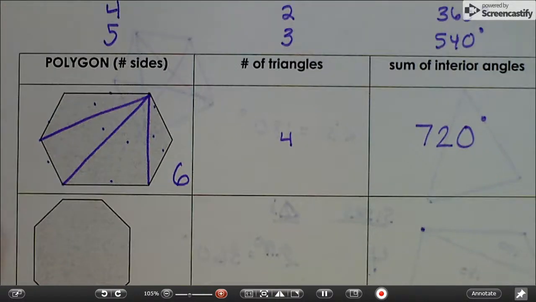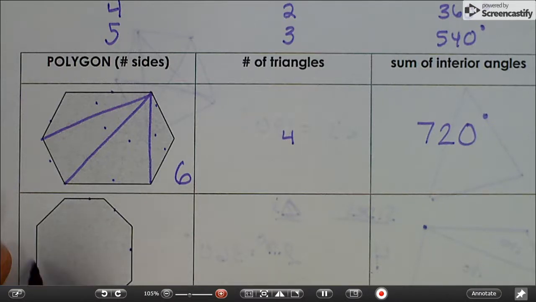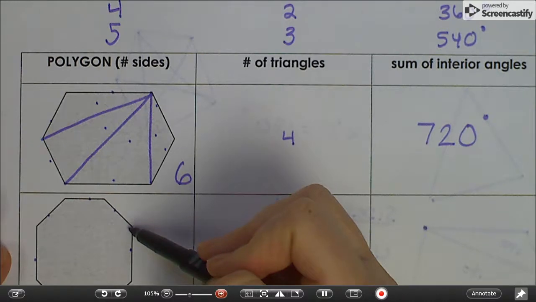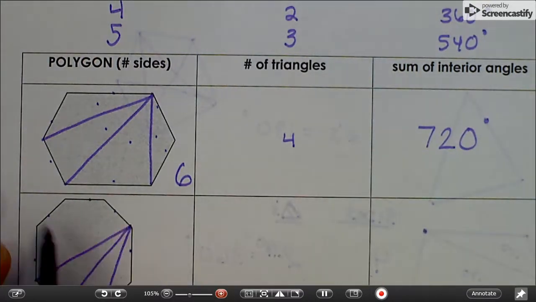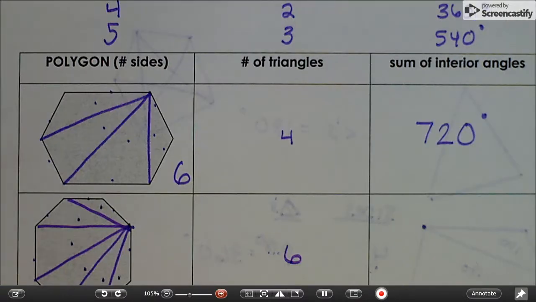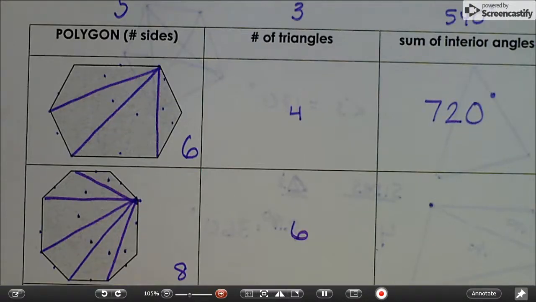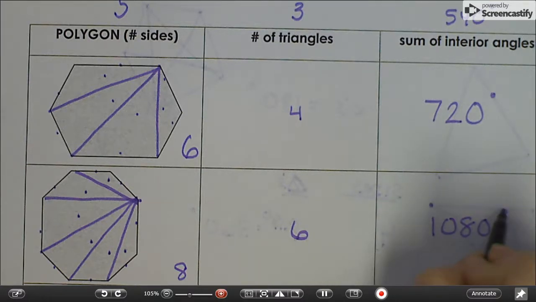All right, so let's look at the next one. It has 1, 2, 3, 4, 5, 6, 7, 8 sides, so it's an octagon. If we triangulate it, it has 1, 2, 3, 4, 5, 6 triangles. 6 times 180, because each triangle is 180, is 1,080 degrees.